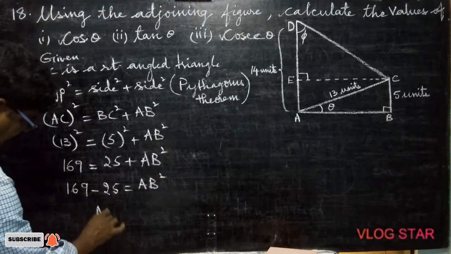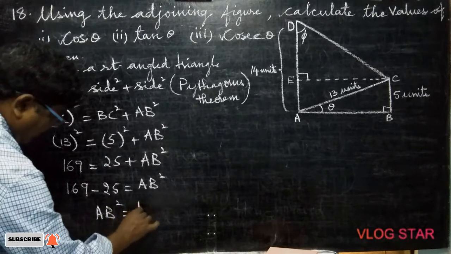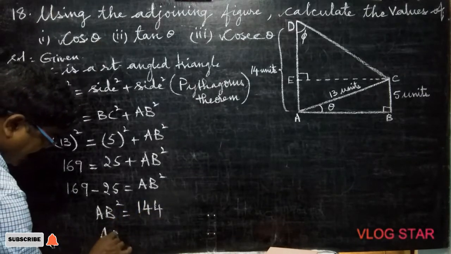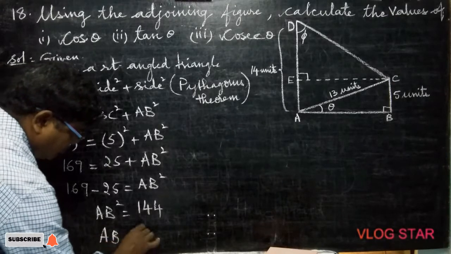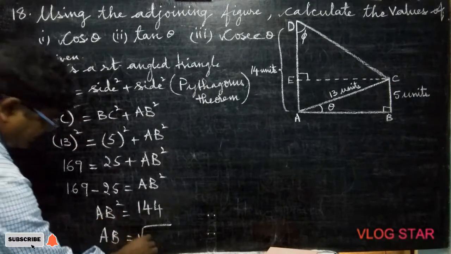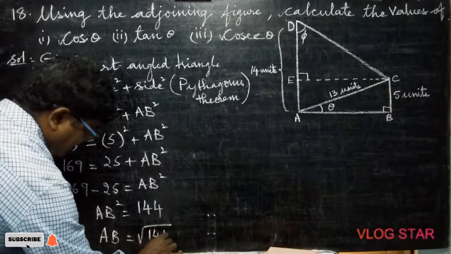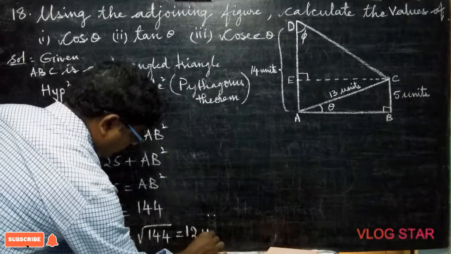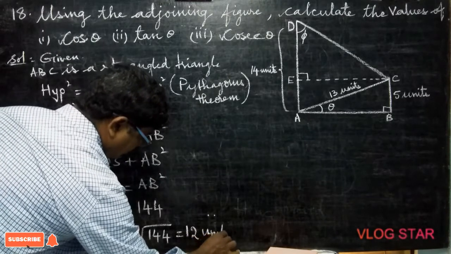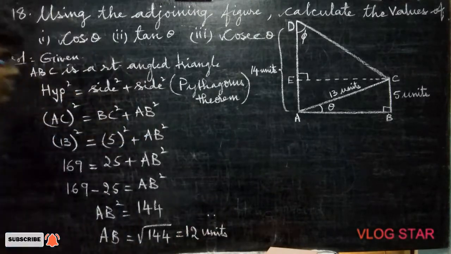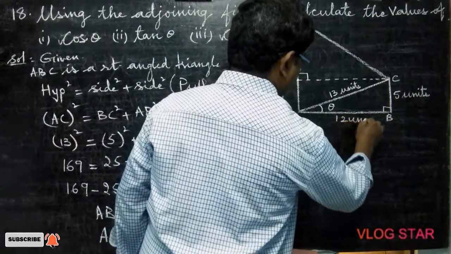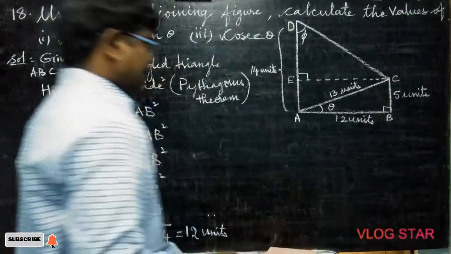So AB square is equal to 144. We want AB. AB is equal to square root of 144, square goes from left to right. What is that one? 12 units. So we got AB 12 units. Write that here. Able to follow?